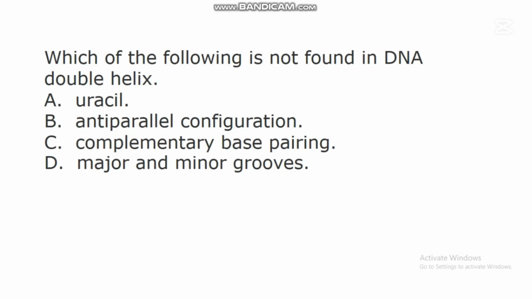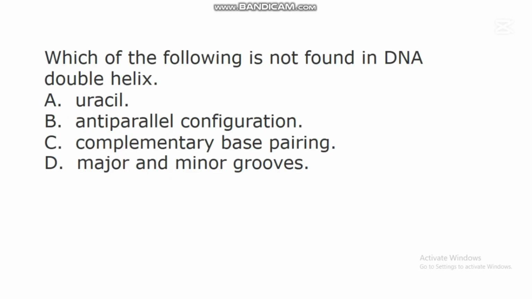The next question says, which of the following is not found in DNA double helix? A. Uracil. B. Antiparallel configuration. C. Complementary base pairing. D. Major and minor groups.